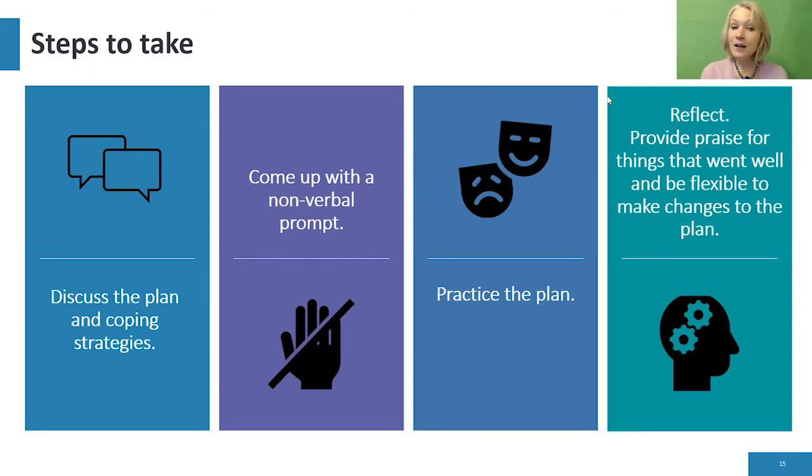And then be flexible enough to also think about what didn't go well, what can we improve, and have that mental flexibility so that you can revise the plan. Maybe you thought it was going to be a good plan, but then when you put it into real action, it didn't work as you thought it would. So revise it. So make certain you discuss the plan, come up with a nonverbal cue, practice the plan, and then always give yourself or your child or your students time to reflect.